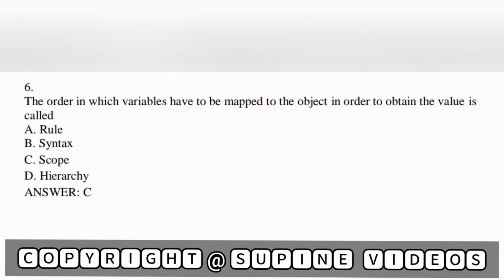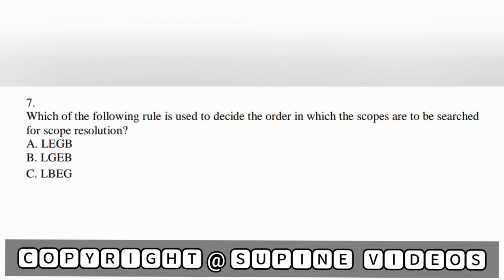Question number 6. The order in which variables have to be mapped to the object in order to obtain the value is called, your options are A. Rule, B. Syntax, C. Scope, D. Hierarchy. The answer is option C. Scope. Question number 7.